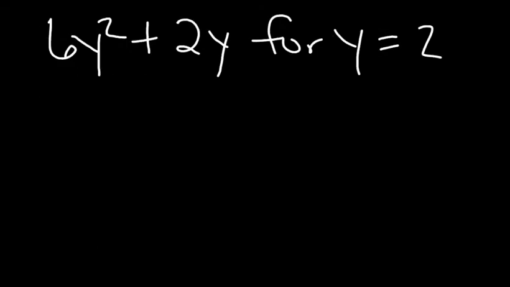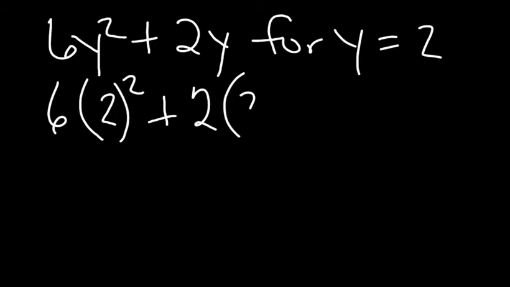Here's the next example. Algebraic expression, given value. We're going to substitute it in. So 6 times 2 to the second power plus 2 times 2. Please excuse my dear Aunt Sally. These parentheses are just showing multiplication. There's nothing to do inside them. So next is exponents.